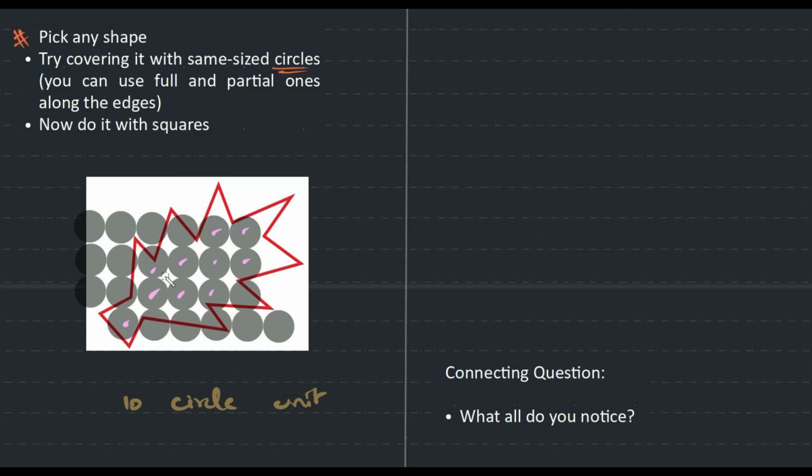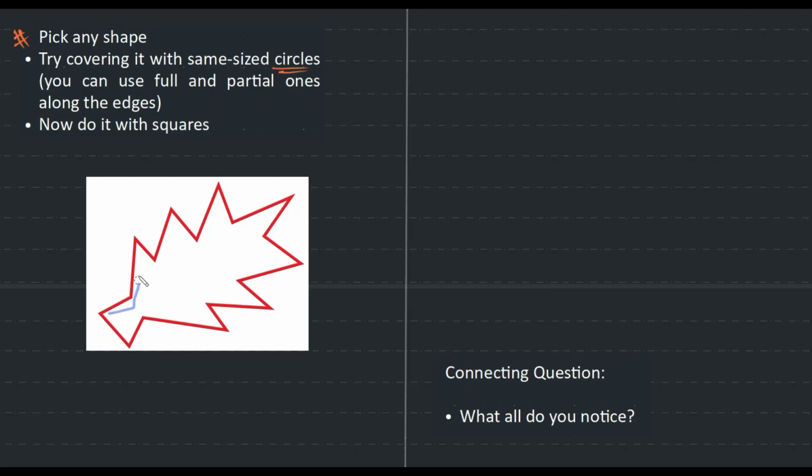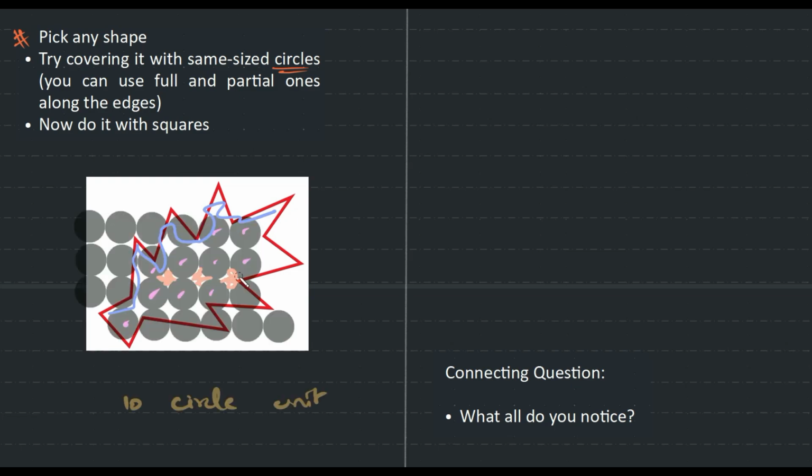But between the circles itself, there's so much space that is left out. Do you guys agree? Will that be a problem? Yes, it is a problem. Reason being, the area has to include everything that the shape is occupying. Basically, all of this area has to be included. But with my circle, the one which I've taken over here, it's missing out this big chunk of area.